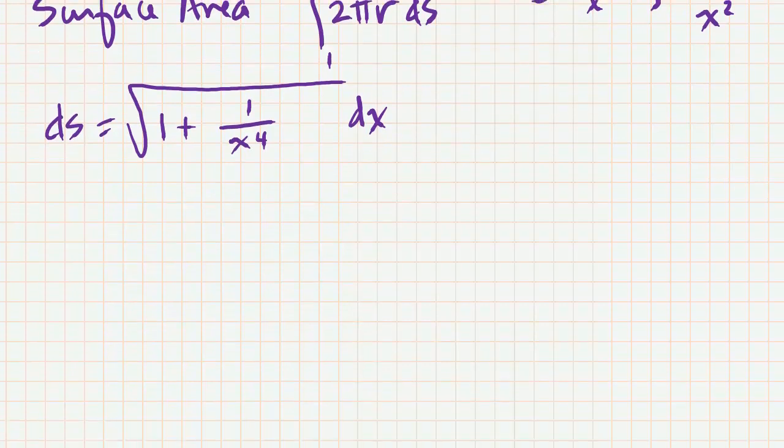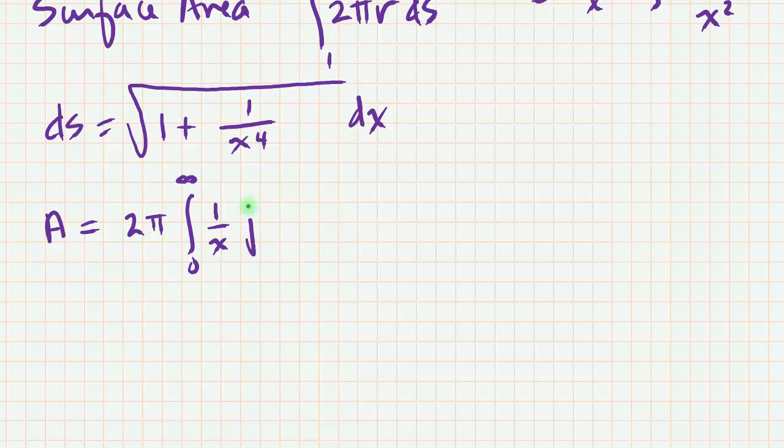So we will have surface area is equal to 2 pi integral from 0 to infinity of the radius, which is the function, times ds. Let's get a common denominator of x to the 4th inside this square root so that we can write ds like that.